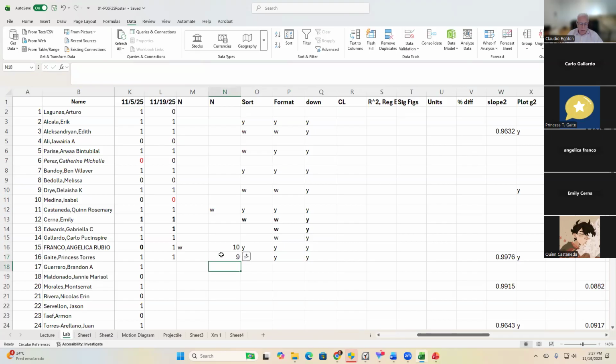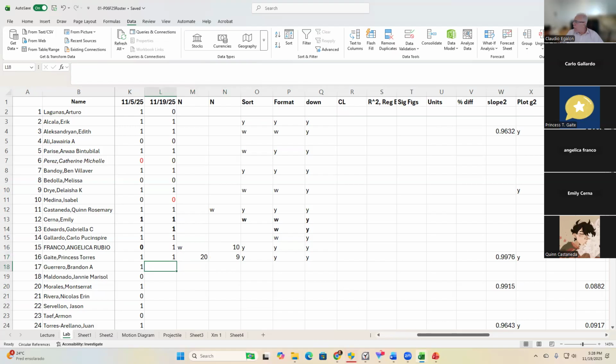Okay, 9. 9 is what, 45%? That's okay. And what about 2 sigma? How many values did you get between 2 sigma? I got 20. You get 100%, right? Okay, that's good. And you can continue working on the rest of the spreadsheet.